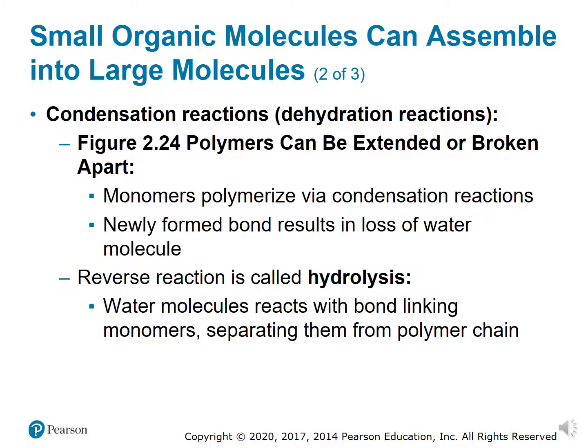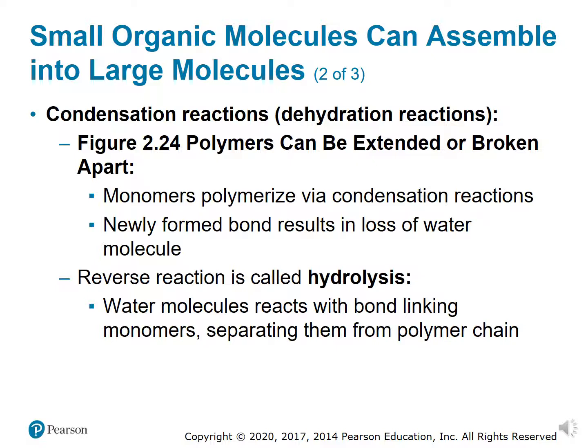Polymerization is created through condensation reactions. What is a condensation reaction? Another name for it is dehydration reaction. This is formed when water is released. There's a loss of water and two monomers are connected with each other. The opposite of a condensation reaction is hydrolysis.